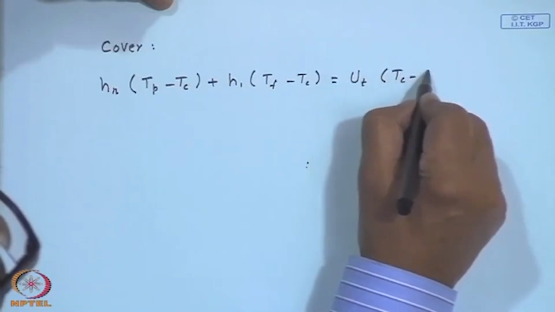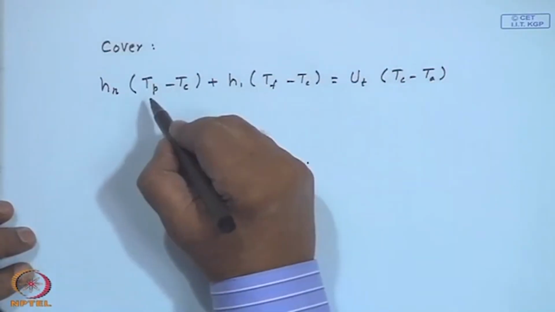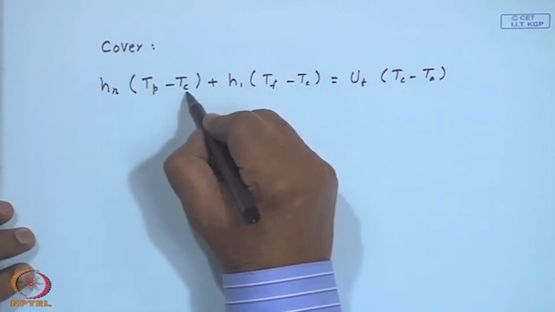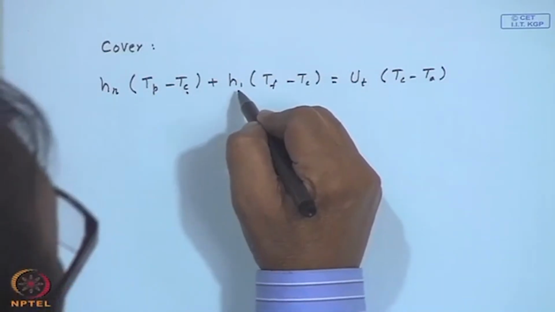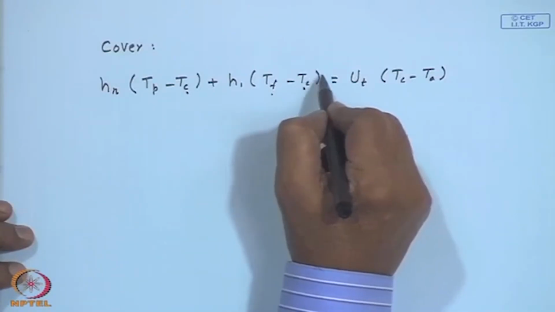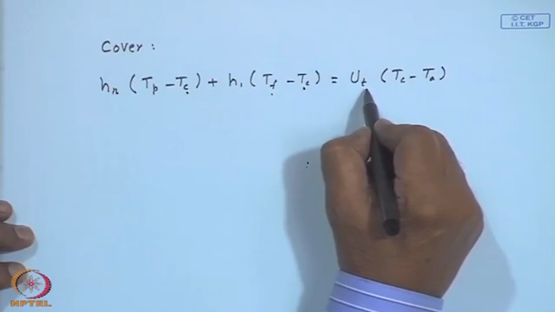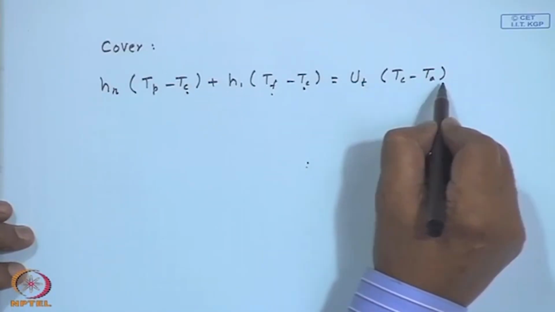So, by radiation it is from the plate to the cover, and by convection from the fluid to the cover, assuming this is what the cover is receiving and it is lost to the environment given by Ut times (Tc minus Ta). This we will call equation A.